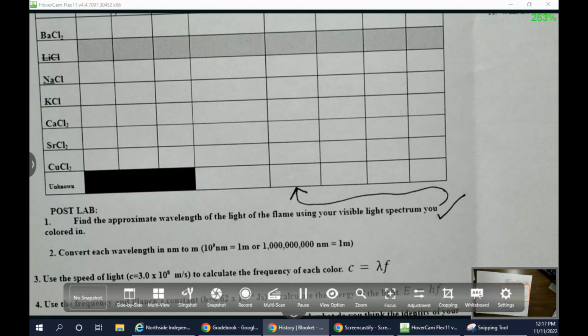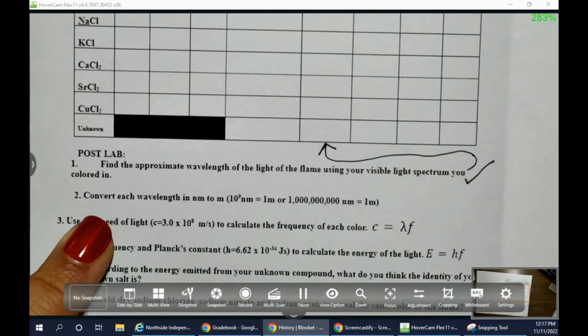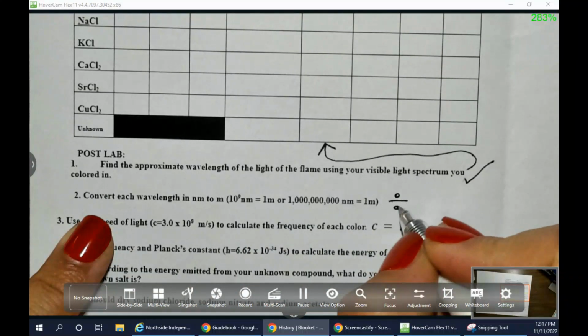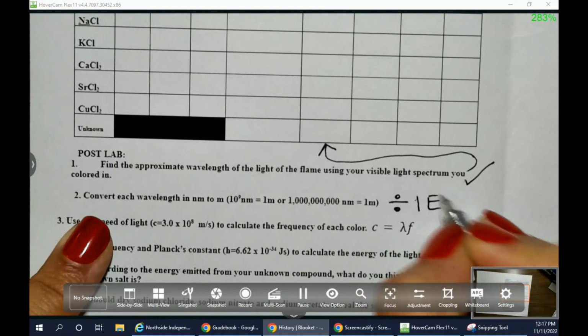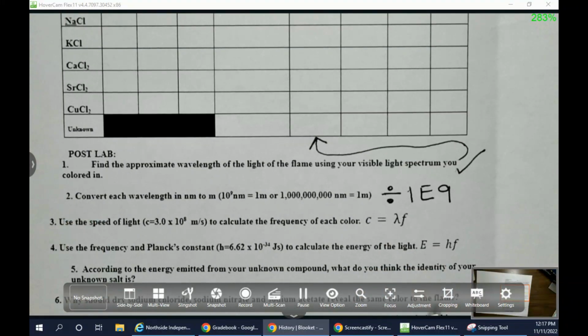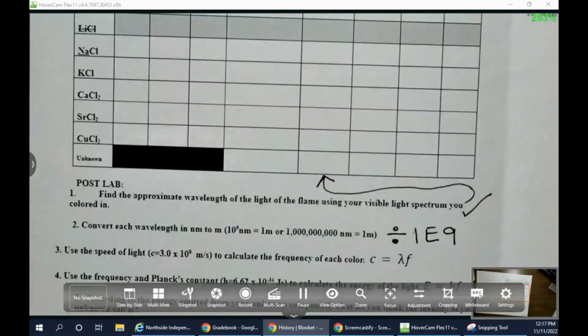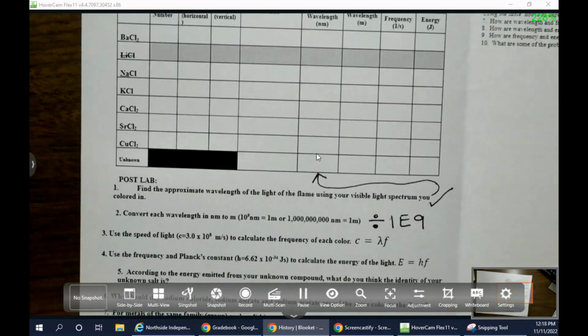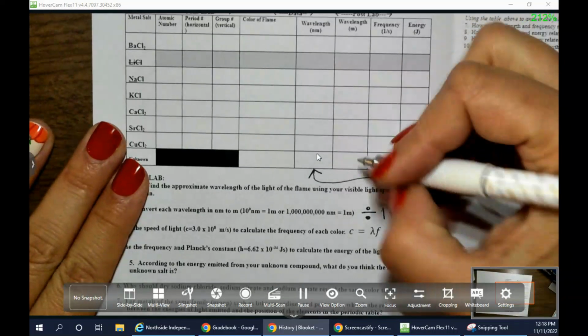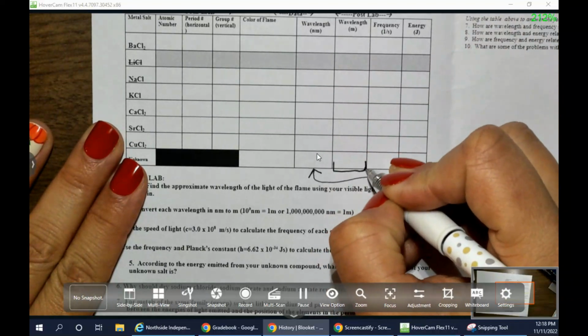When we convert the wavelength from nanometers to meters, what you're going to be doing is you're going to divide by 1E9. You're going to fill out this whole column with that.